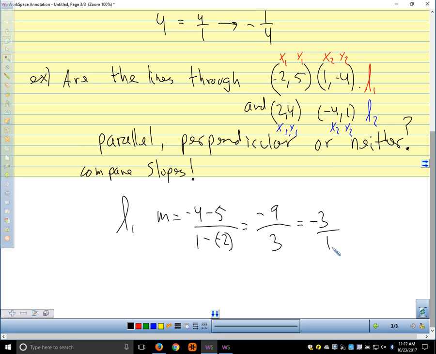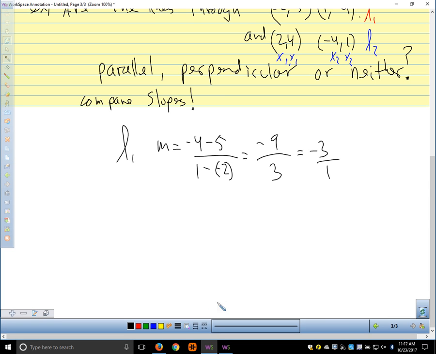All right, so what would the slope of the second one have to be for these two lines to be parallel? For them to be perpendicular, the slopes would have to be positive 1/3. But for them to be parallel, they have to be the same, negative 3 over 1. So let's calculate. And if it's neither one of those, then the lines are neither parallel nor perpendicular.